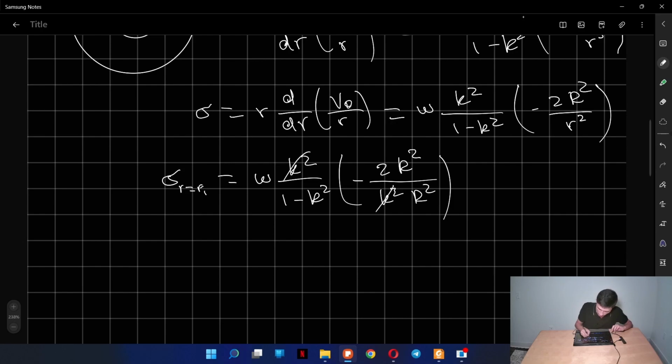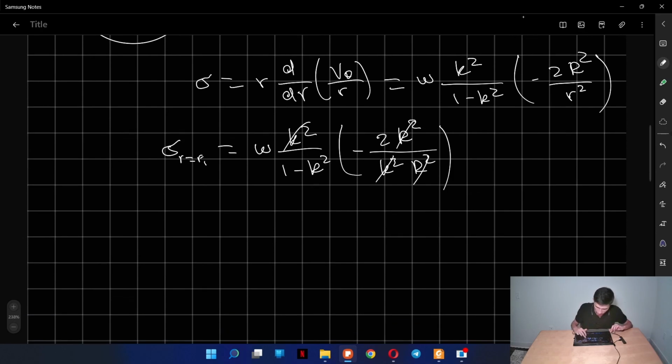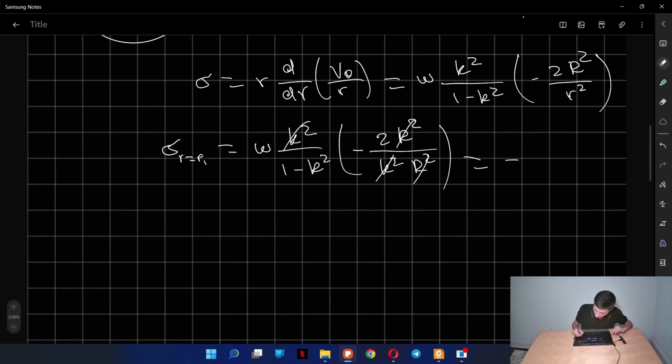Now the k's cancel and the R's cancel. What we're left with is negative 2 omega, the angular frequency, over 1 minus k squared. This is the shear rate at our inner radius.